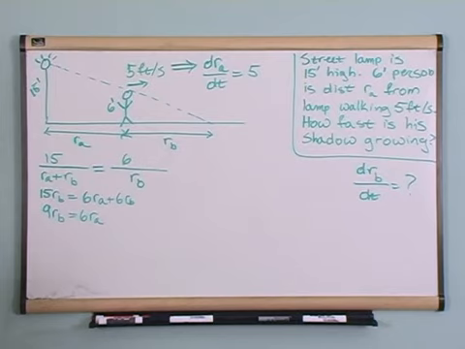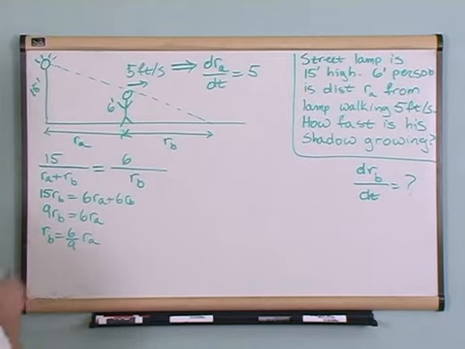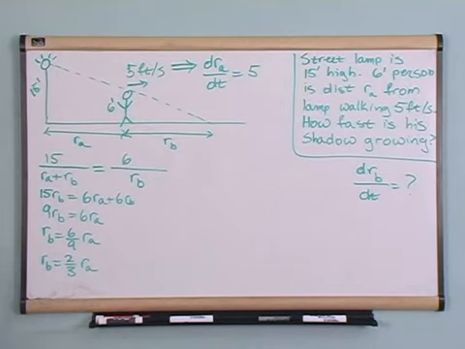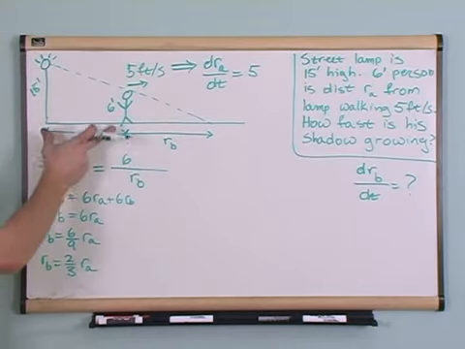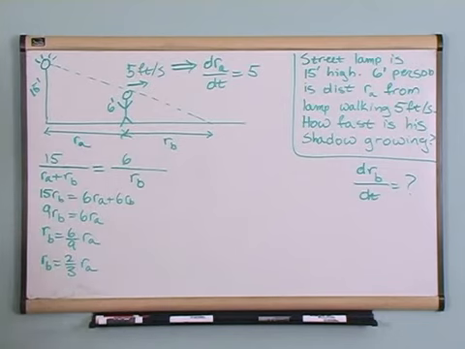So RB is equal to 6/9 RA, and then RB is simply equal to 2/3 RA. Now look here. What you have found is a formula that expresses this distance, RB, in terms of this distance, RA. And the reason you're able to do that is because these two triangles are related to one another. If they weren't related to one another, you couldn't make any progress at all.